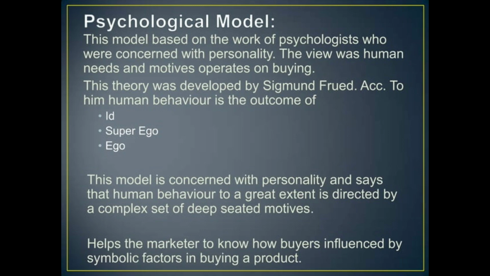The psychological model is mostly represented by this theory. This helps the marketer to know how buyers are influenced by symbolic factors in buying a product, depending upon the way they represent the outcome of id, ego and superego. So by understanding these types, they can analyze the buyer's behavior.